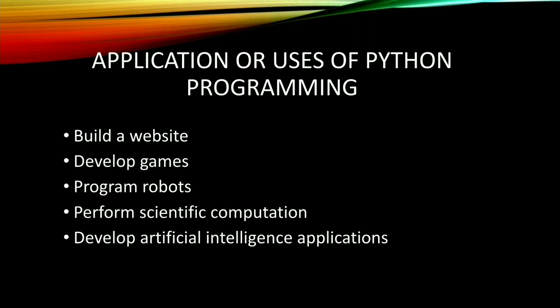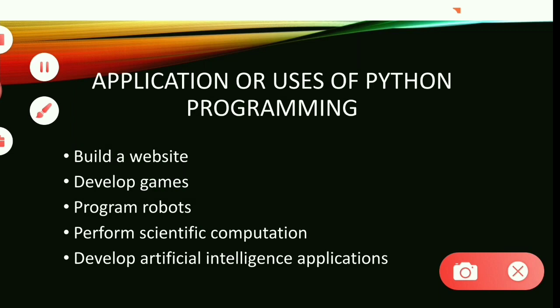In our current time, Python is used in different places for making different things. These are the applications where we can use Python programming. For building a website, we can use Python programming. For making or developing games, we can also use this programming.